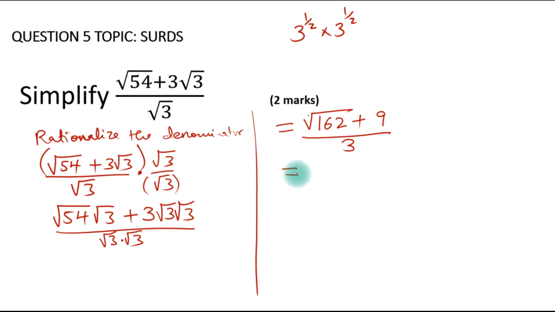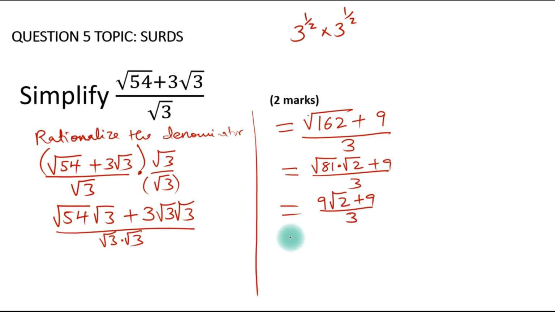Therefore, we move on. Root 162 can be written as root 81 times root 2, then plus 9 all over 3. Square root of 81 is 9, then we have 9 root 2 plus 9 all over 3. Then we can simplify this.